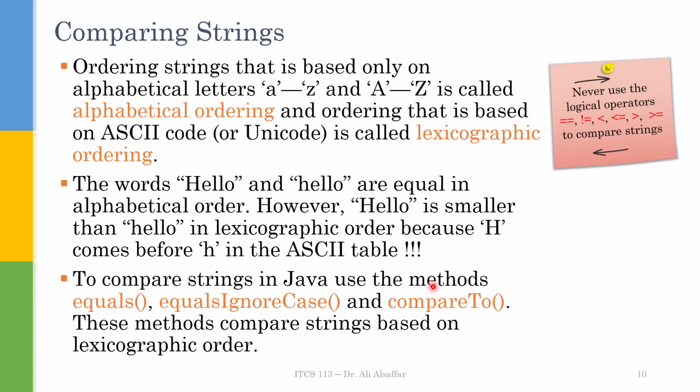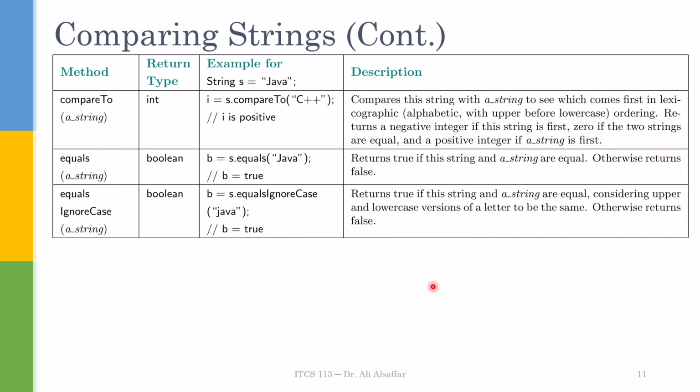So let's go over these methods and their syntax. We have three methods. In this column, we have the name of the method and it shows you that compare to needs an input parameter of another string, and equals also needs an input, which is another string, and equals ignore case also needs a string as input.